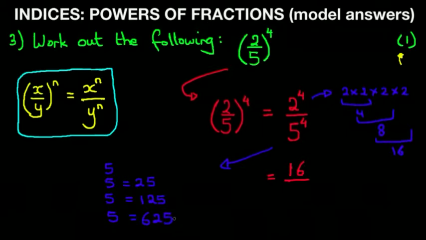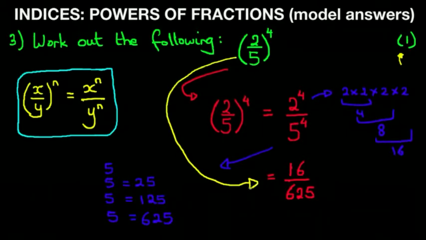Now I'm sure you know this off by heart. If not, you can actually work this out. Show the workings. So it's 16 over 625. So 2/5 to the power of 4, the answer is 16 over 625.